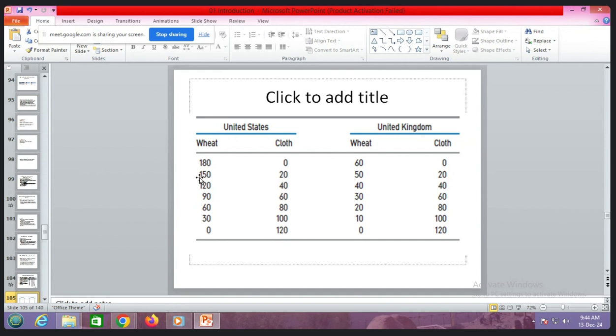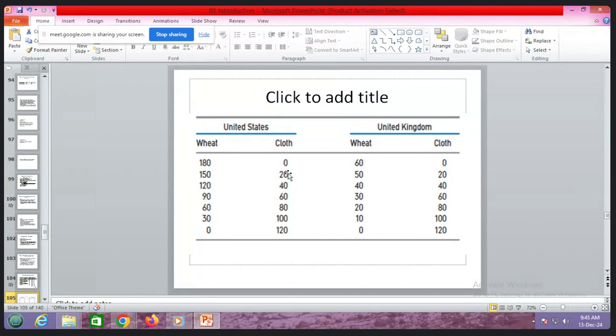So what you see here in this table, for every additional 20 units of cloth that is going to be produced, US has to release 30 units of wheat. Is this clear? For every additional 20 units of cloth that US has to produce, it has to release 30 units of wheat.